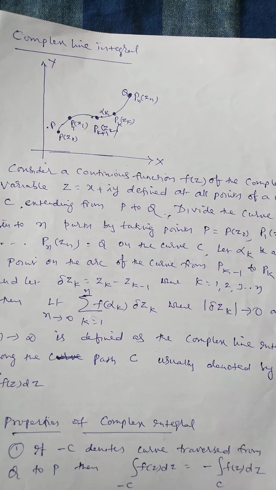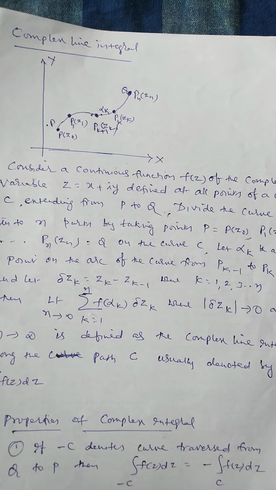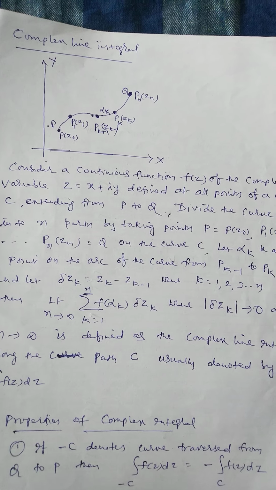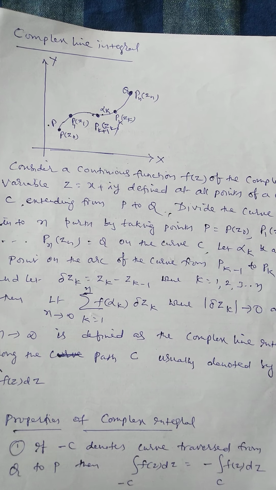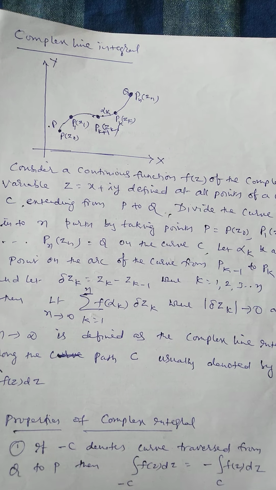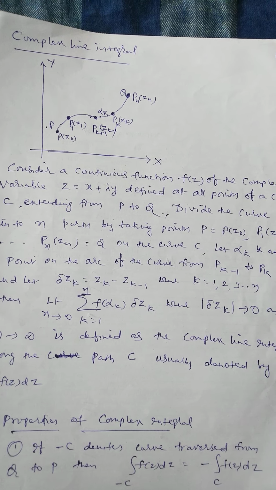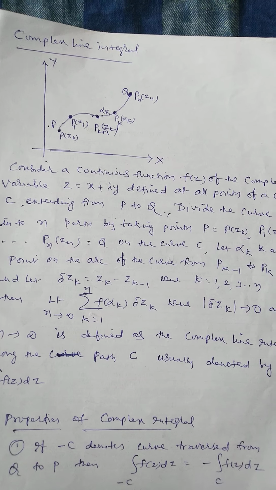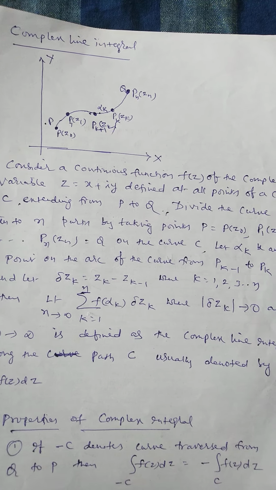Let alpha k be any point in between, on the arc of the curve from P k minus 1 to P k. Obviously the distance between them, z k and z k minus 1, we will take as delta z k. Delta z k is nothing but a small increment given to z k.